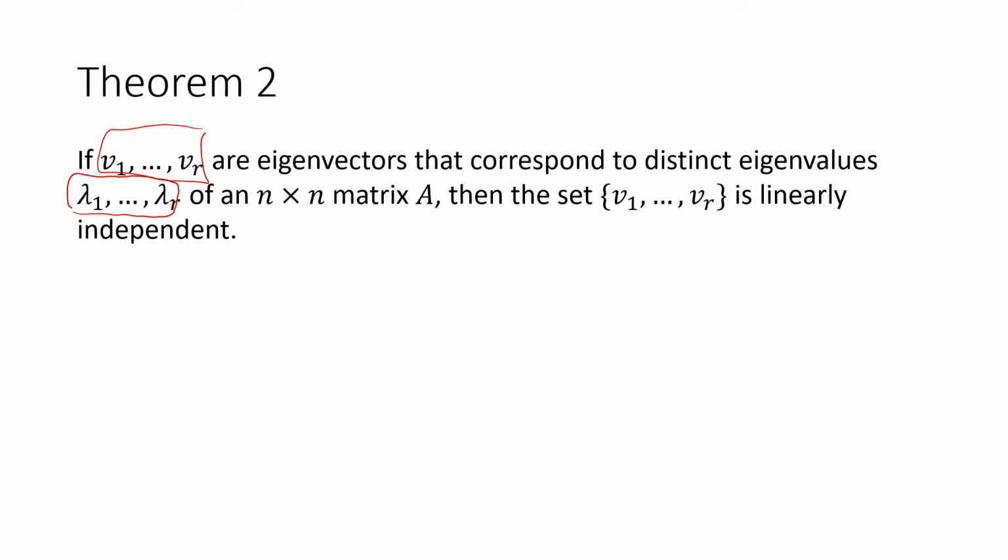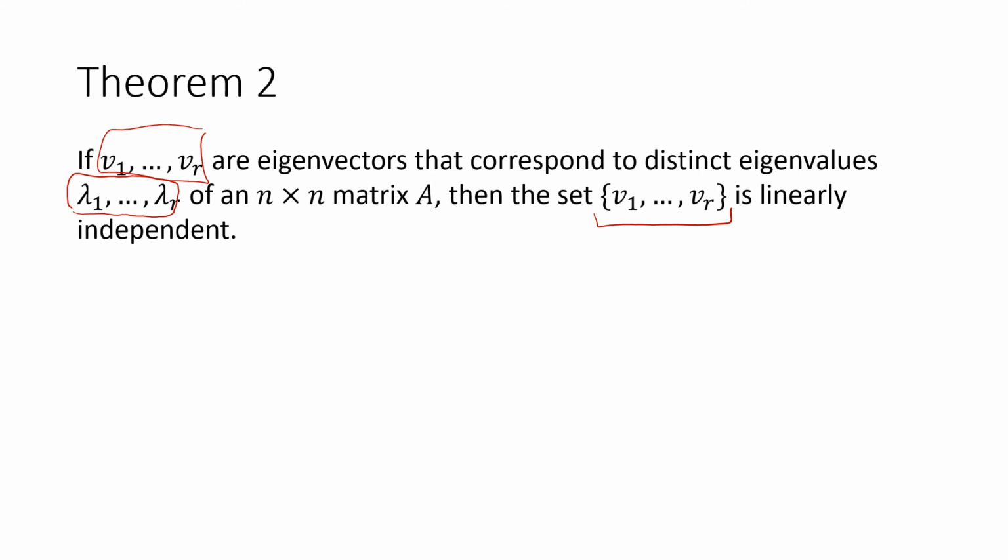As we've seen, there's infinitely many because they're multiples of each other, but take one eigenvector that corresponds to each of the eigenvalues. Then that set of vectors is linearly independent. This is an important property of eigenvectors. If you have this set of eigenvectors, they are linearly independent of each other.